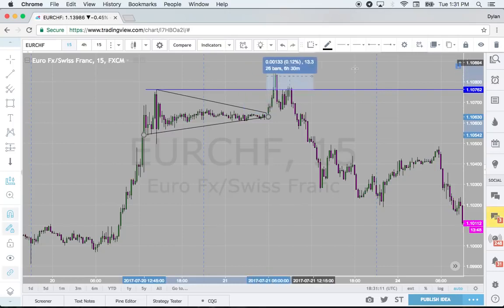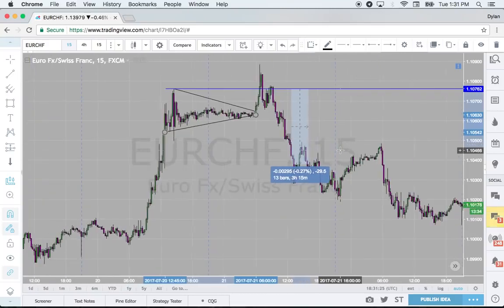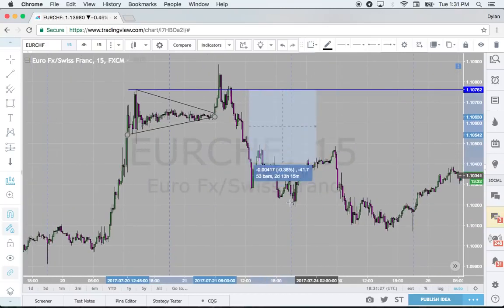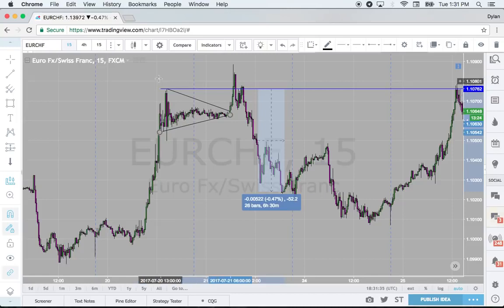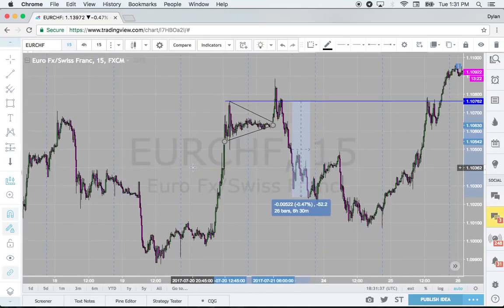The price went about 12 pips into drawdown, which I was sleeping at the time. I woke up and price was about right here, 50 pips in profit. Very nice trade setup. I stopped myself out Asian session for about 50 pips at the start of Asian session here.